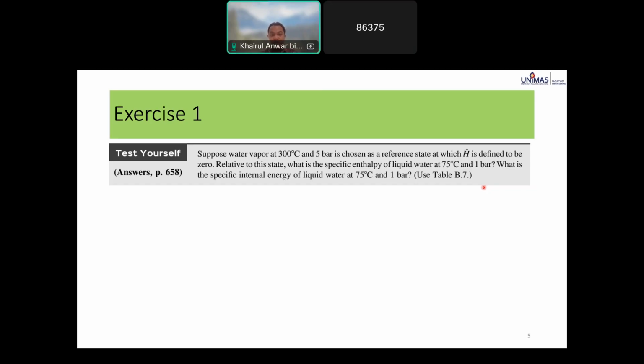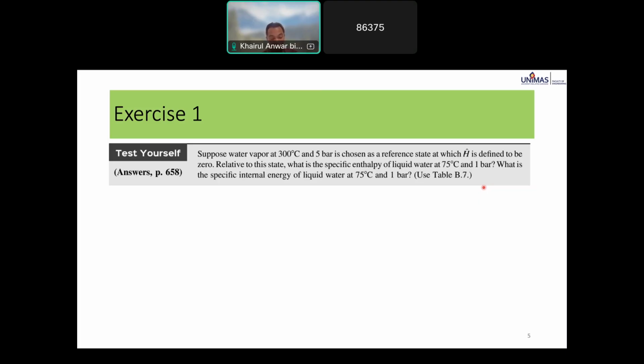So how about the internal energy? For internal energy, you can also use H equal to U plus PV. Or you can just use the table.